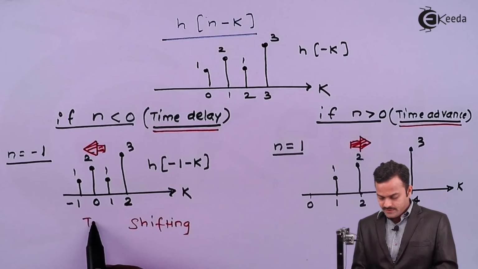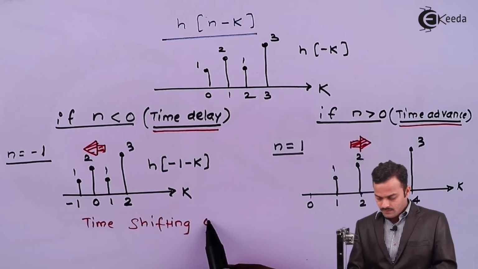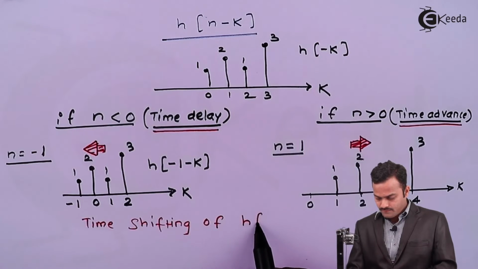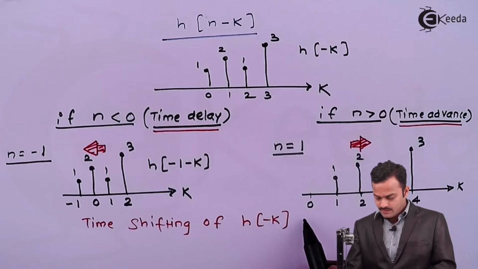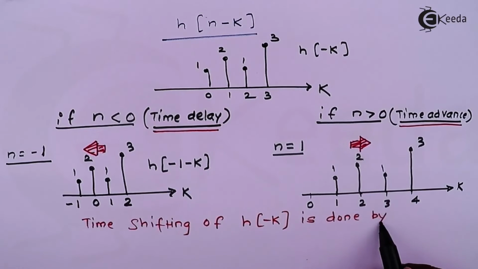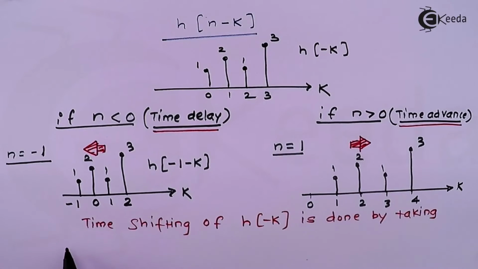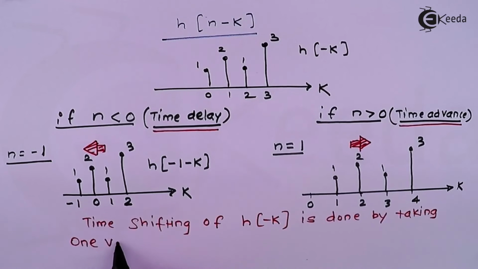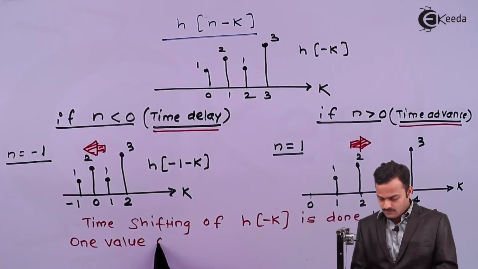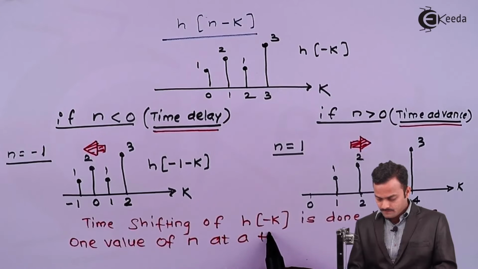So I'll say the time shifting of h of minus k is done by taking one value of n at a time.